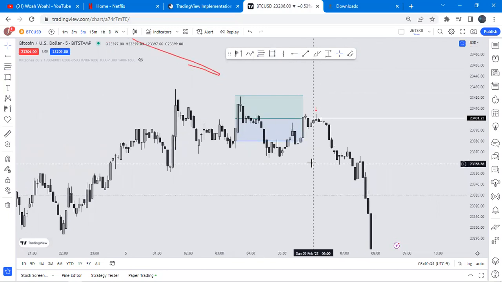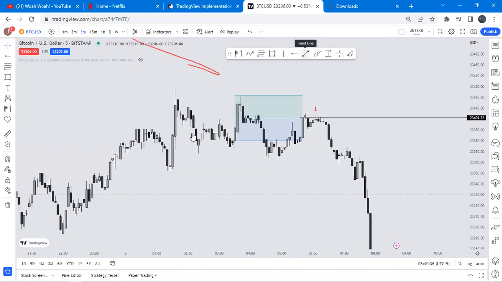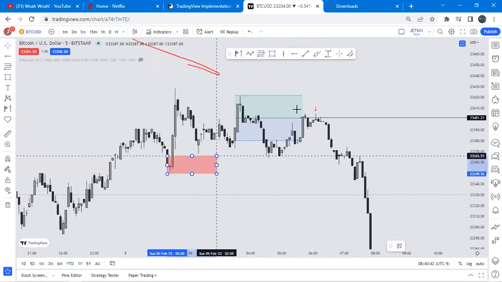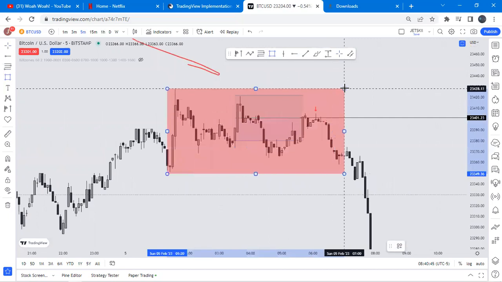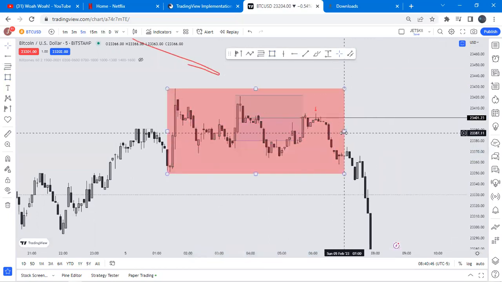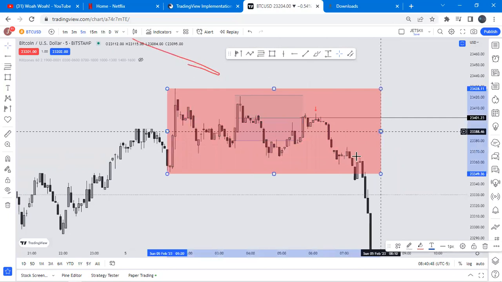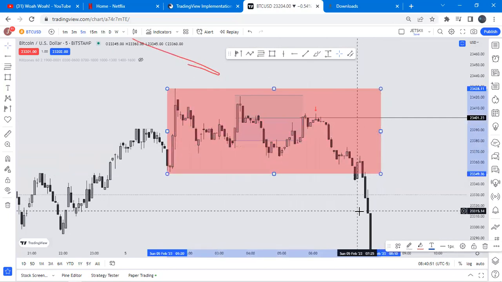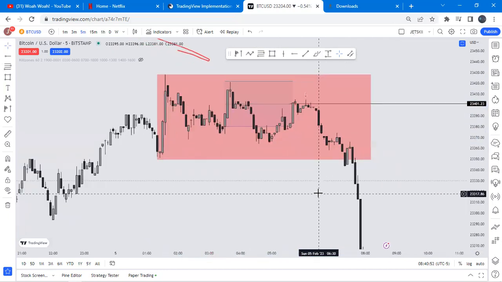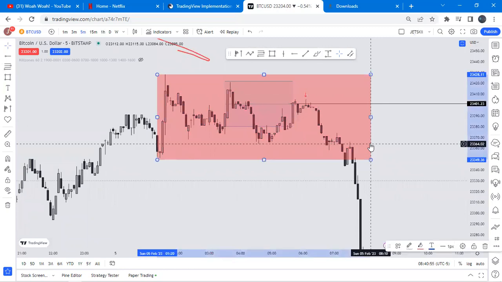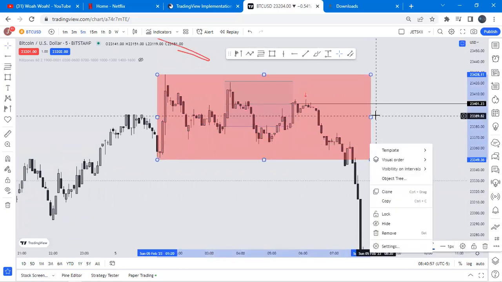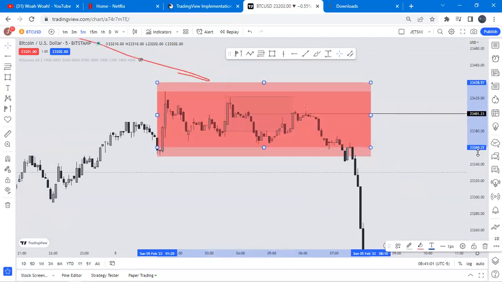Some of what they will do, because it's a consolidation. Obviously, they know that most of the time when you have a consolidation like this, and then the market leaves the consolidation, the market can run two times that consolidation, right?